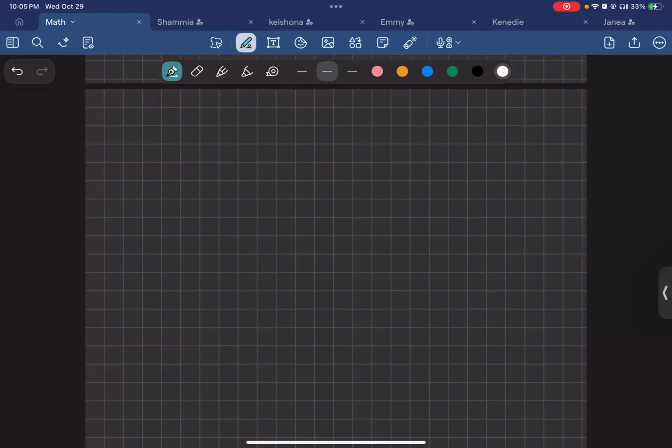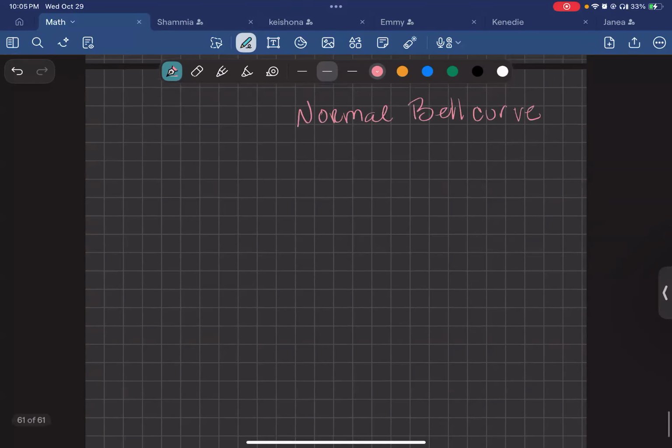So when you're thinking about a normal bell curve, we talked about how a normal bell curve means that one side mirrors the other, right? A normal bell curve is used to describe data in several ways.